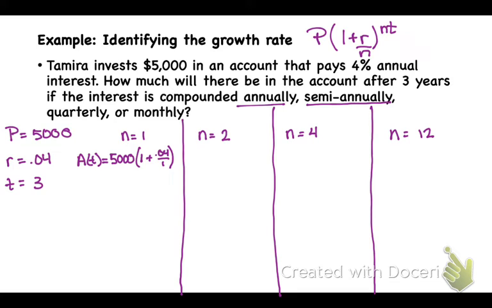So 1 times 3 is 3. So on my calculator on this one, I'm going to put 5,000 times 1.04 to the third. Make sense? So amount after time is what?